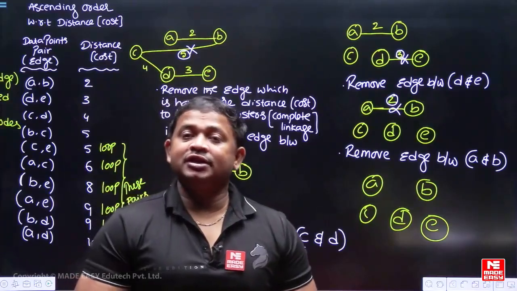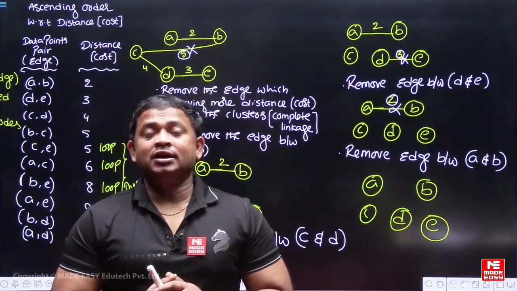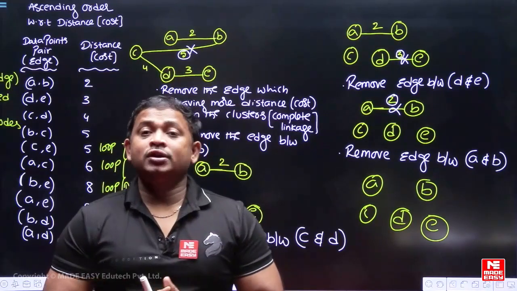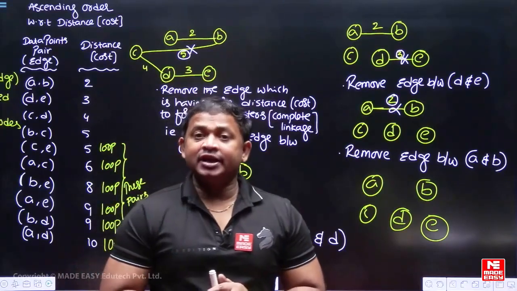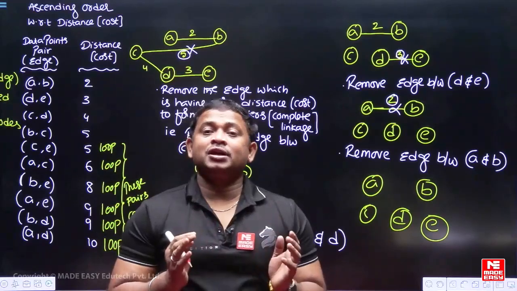When we are splitting that, we are concentrating on the dissimilarity. More distance means more dissimilar. That is the reason that by using complete linkage, we are going to split the major cluster into subclusters.